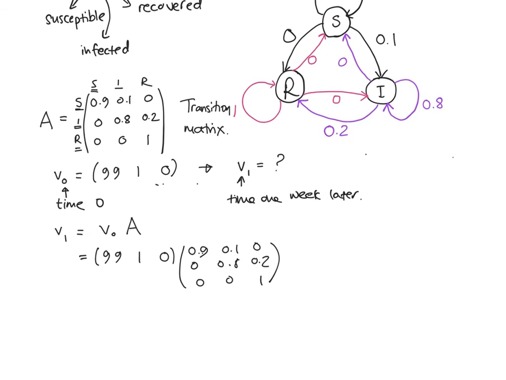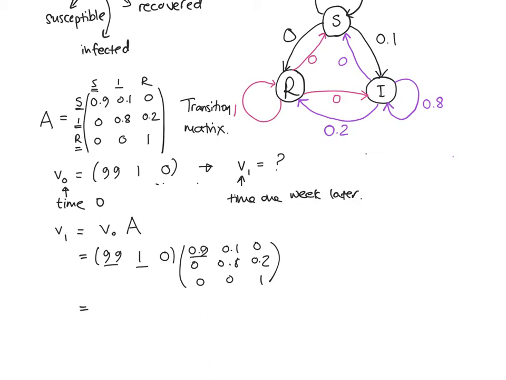And if we do this multiplication, then we'll see that we have 99 times 0.9 plus 1 times 0 plus 0 times 0. That gives us 89 with a bit of rounding. Then we do 99 times 0.1 plus 1 times 0.8 plus 0 times 0.